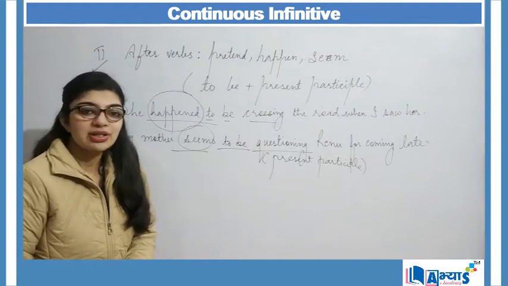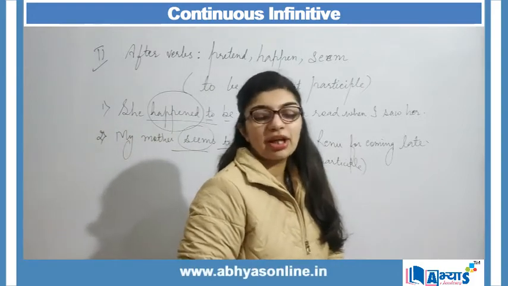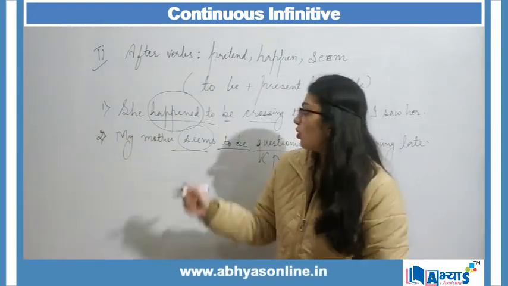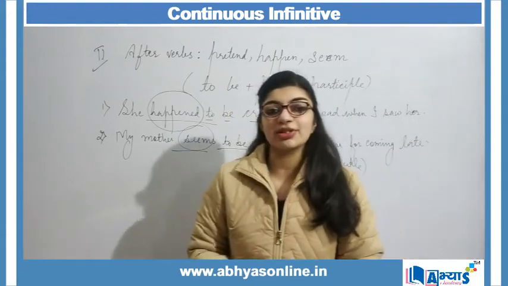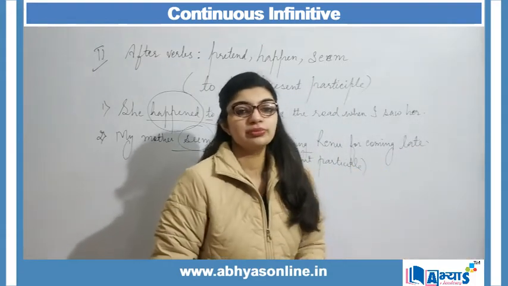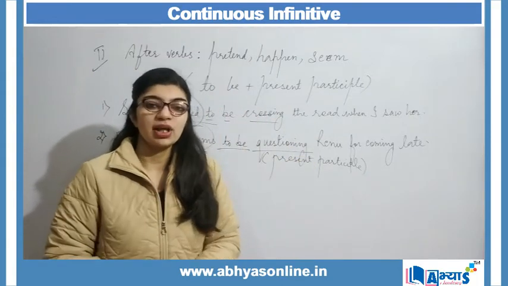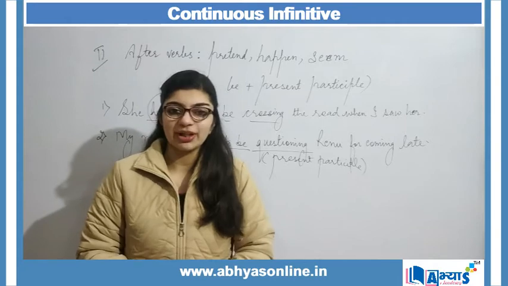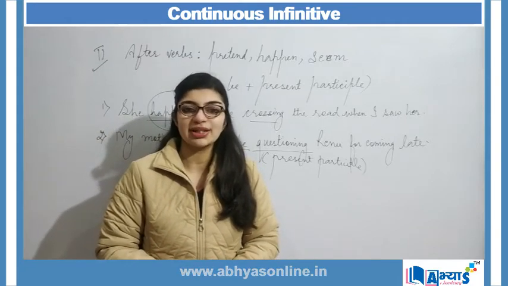My second application says that after certain verbs we make use of continuous infinitives with the rule of to be plus present participle. The previous application said that we make use of be plus my present participle. Now there is another application of continuous infinitives which we are going to discuss now.